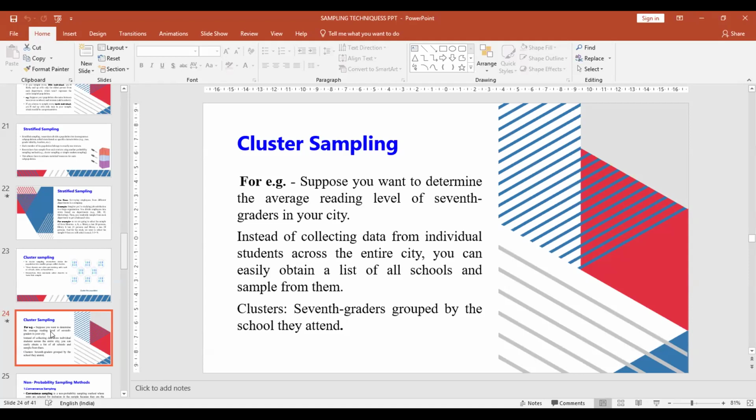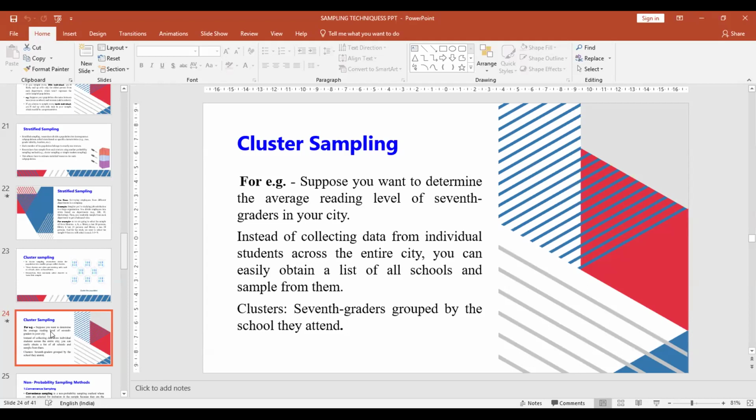This is the probability sampling part. In probability sampling, each member of the population has a known probability or chance of being included in the sample: simple random sampling, stratified sampling, systematic sampling, and cluster sampling.